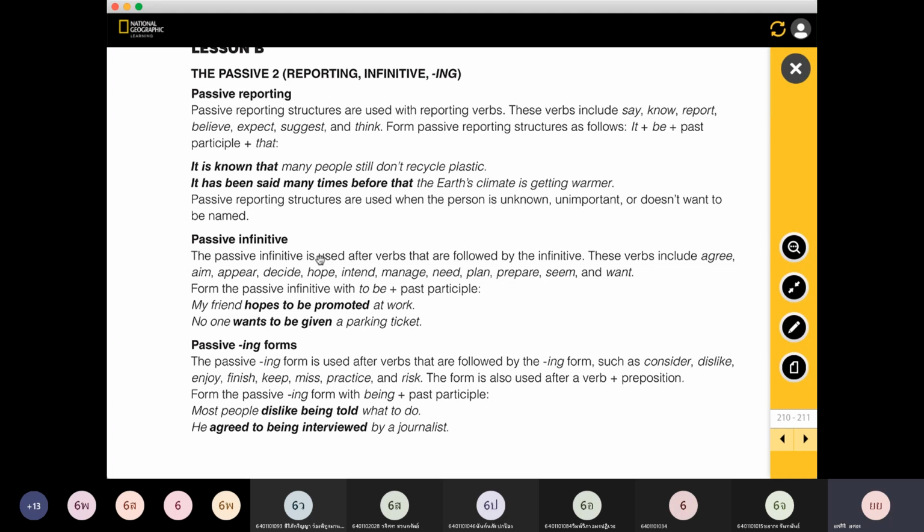We form it with being and past participle. Before we used be followed by past participle, but since the verb needs an ing form, it becomes being followed by past participle. For example, most children like being given toys.